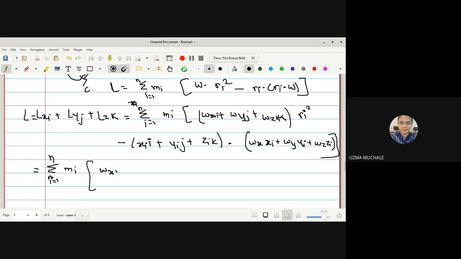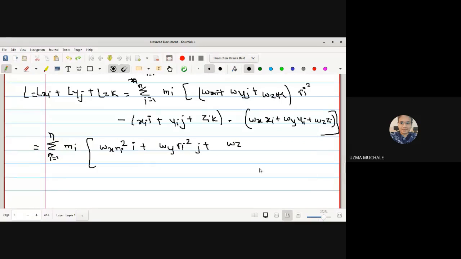This will be wx ri square into i plus wy ri square j plus wz ri square into k.